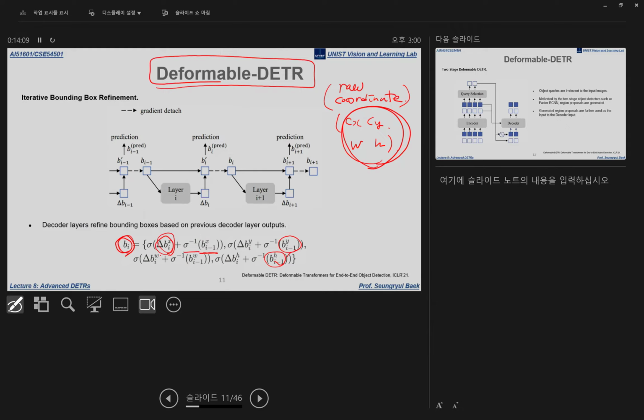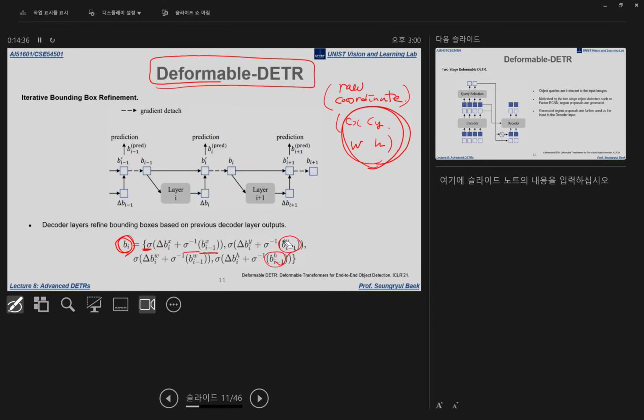Okay, so for each layer, they are only estimating the residual component of the bounding box information. By applying inverse sigmoid to the previous layer's bounding box information, and then adding the residual to the previous layer's bounding box information, and then applying another sigmoid operation here.